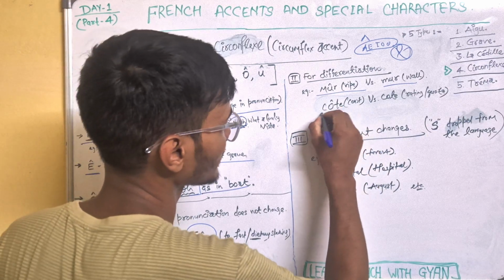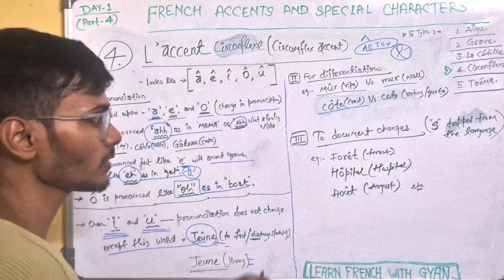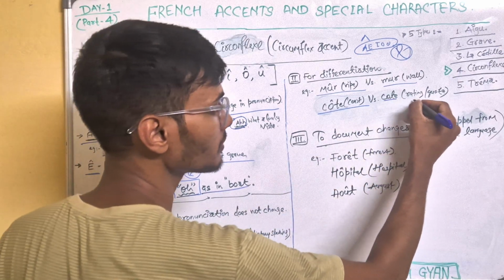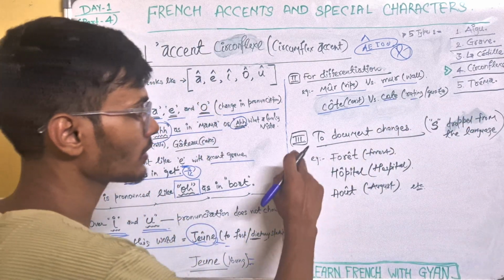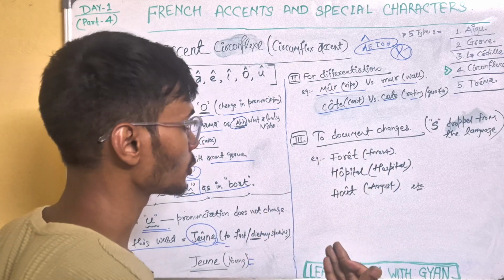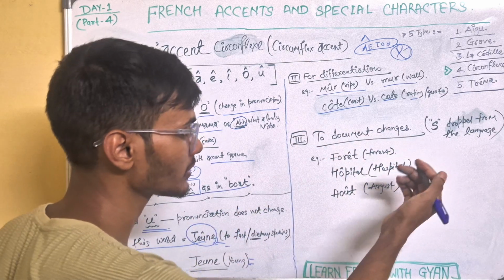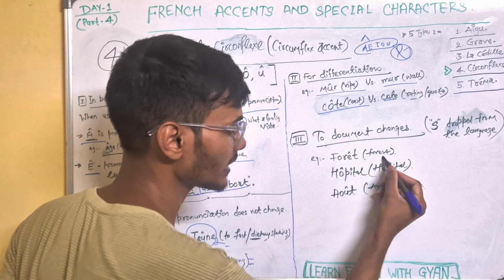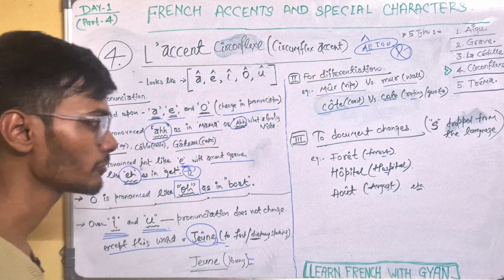So, second example: kot means coastline or coast, or this kot simply means rating or quota, right? And the third part is a linguistic rule that documents some changes in the language. Older French or Latin had this s here that we have removed in modern French.